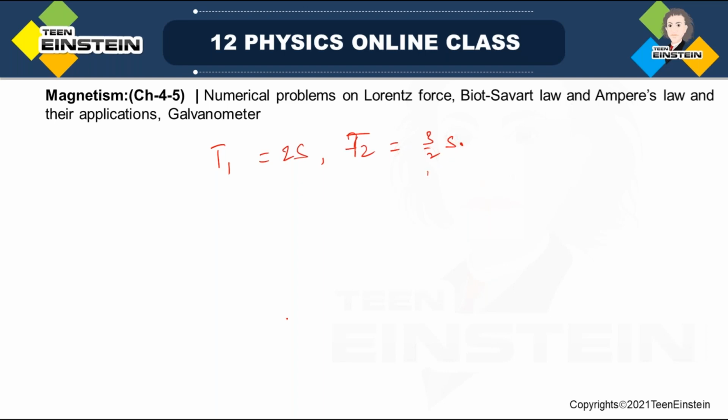Now let us write T2 by T1, which equals the square root of B1H divided by B2H.